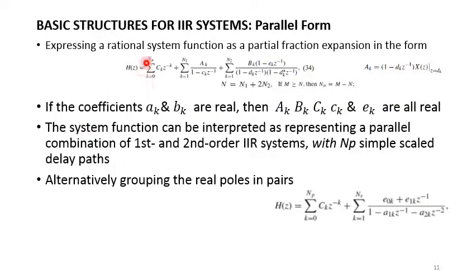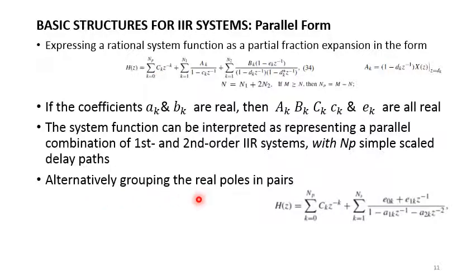So if we express the system function as a partial fraction expansion, the resulting architecture will be the parallel form. The values that represent Ck will be simply delayed and scaled paths, which we will shortly see, because we have a graphical representation for this.